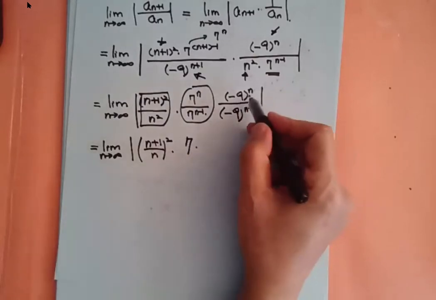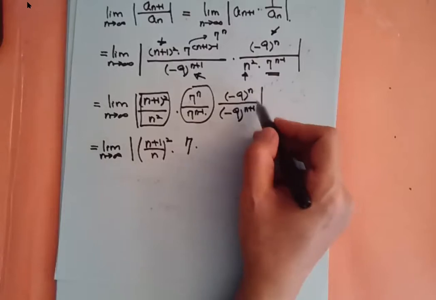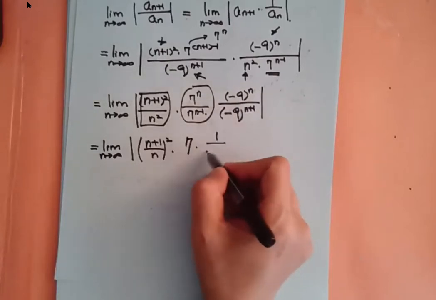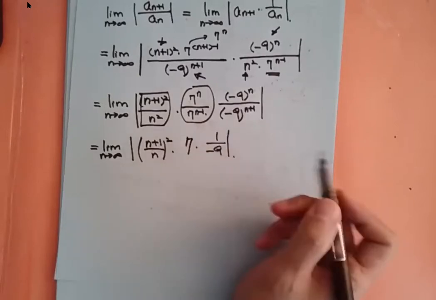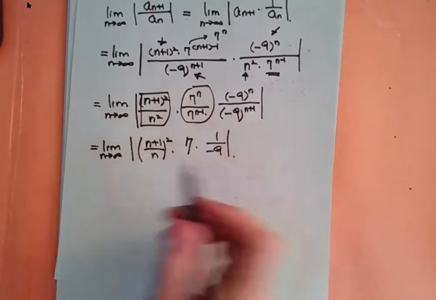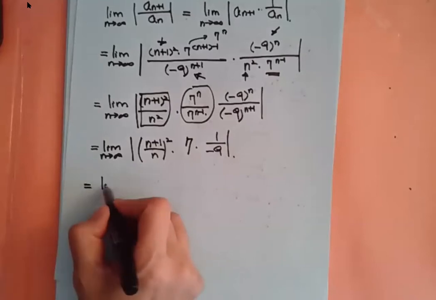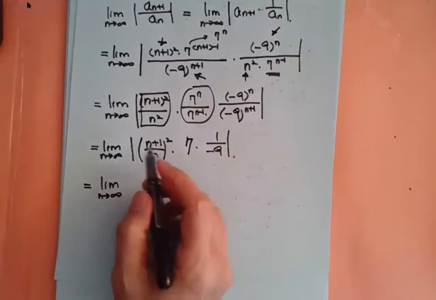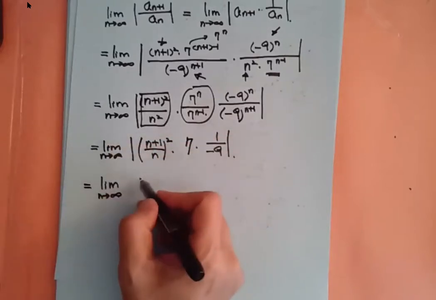For the negative 9s, again the difference is 1, but the denominator has the higher power, so it becomes 1 over negative 9. We can forget the negative sign here, and as n goes to infinity we forget the absolute value sign.